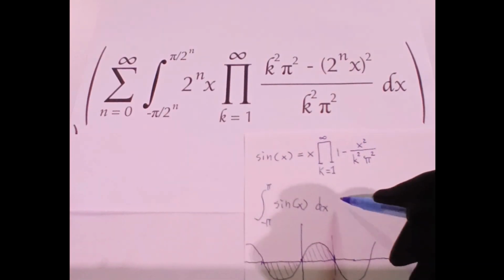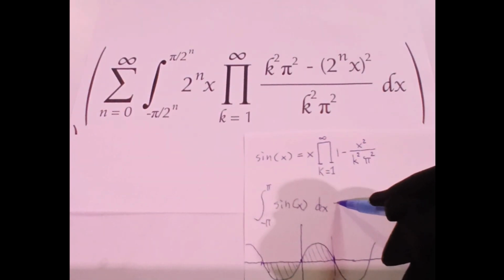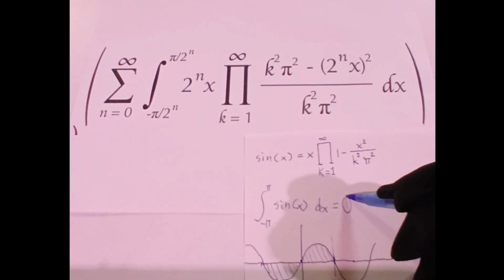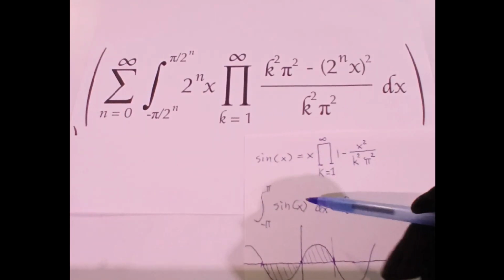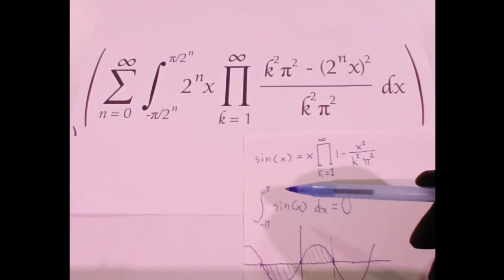You get it. But in this case, this simply just reduces to 0. And so that was interesting enough in itself, but I wanted to do something a little bit more tricky.